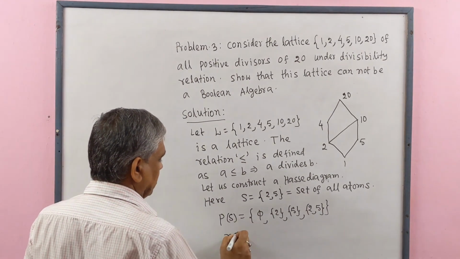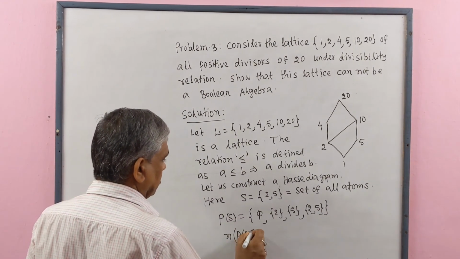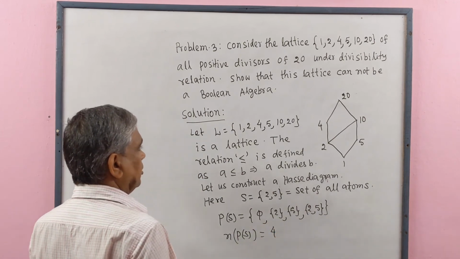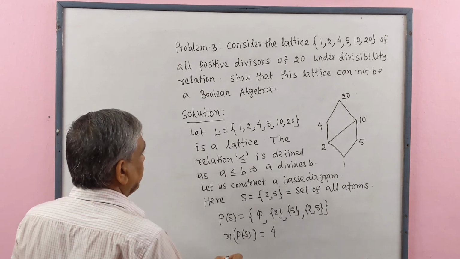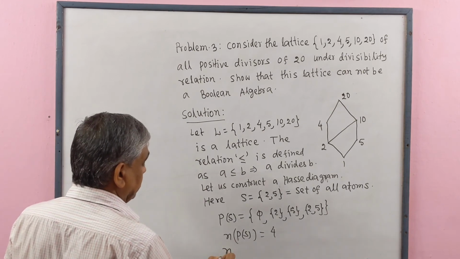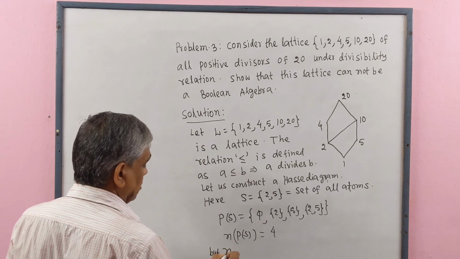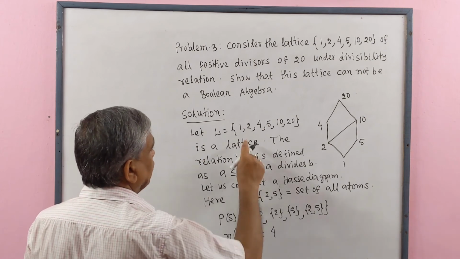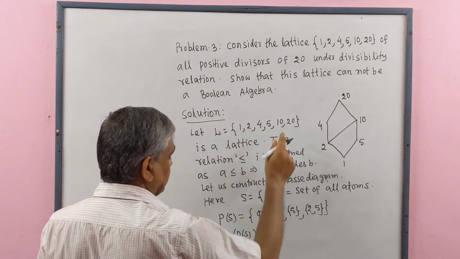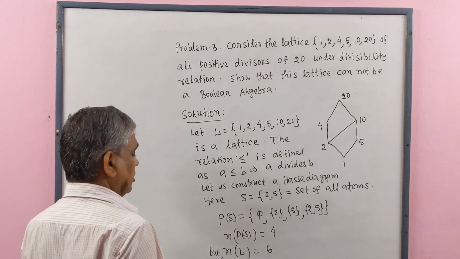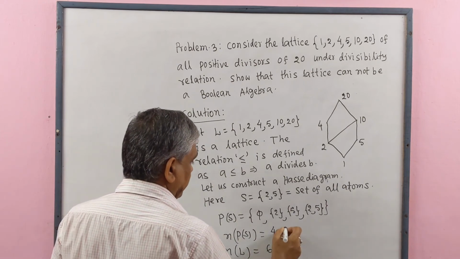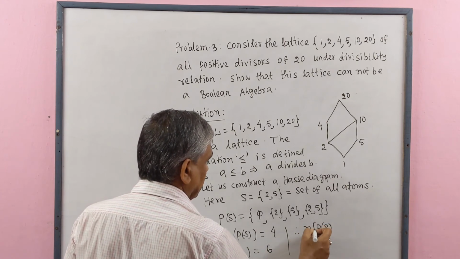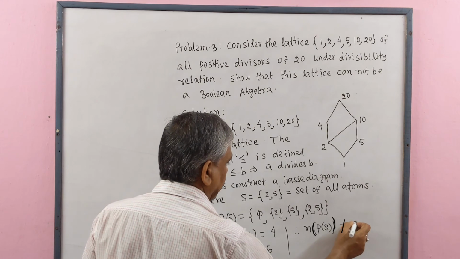NPS equal to 4, but NL equal to 6. Therefore NPS is not equal to NL.